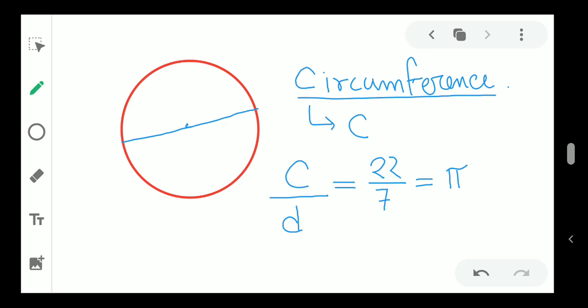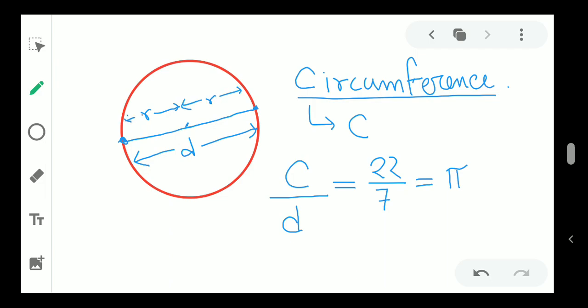Also, we know that diameter is the biggest chord of a circle, starting from one end to another end and going through the center of the circle. This diameter, if we divide into two parts, then each of these parts is nothing but our radius.